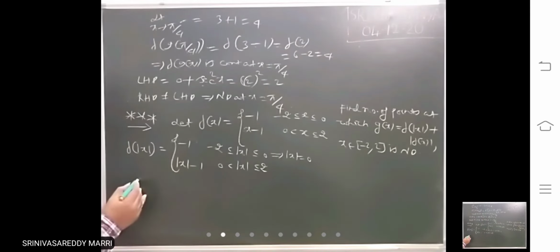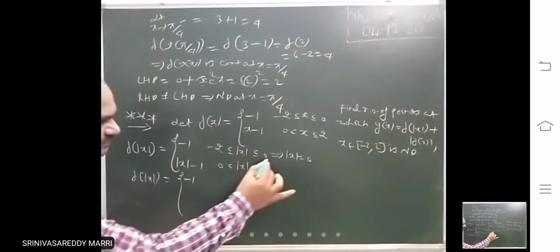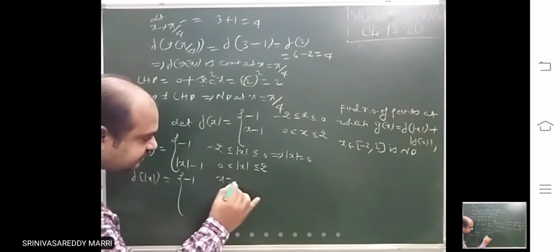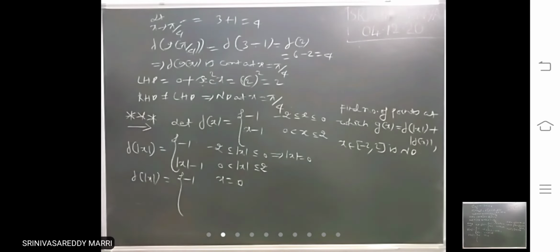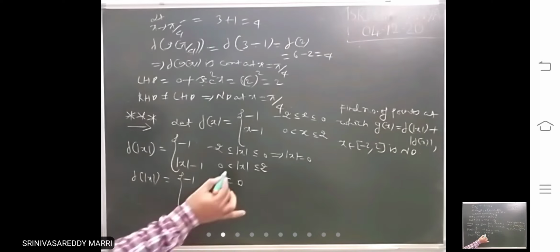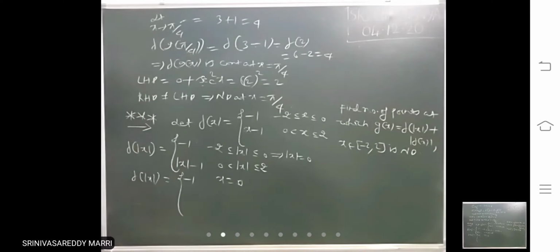That means we can write the definition: -1 when modulus x equals 0, which means only x equal to 0. For x equal to 0, the definition is -1.